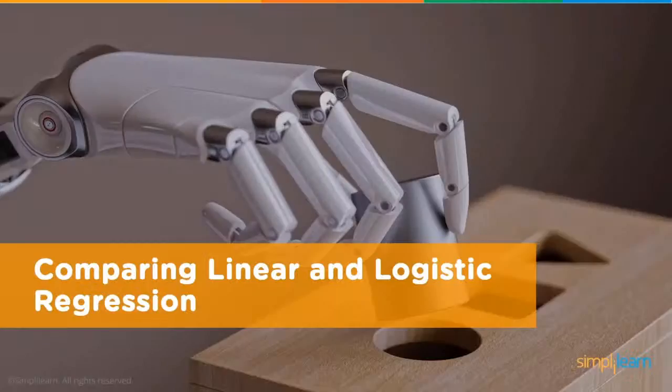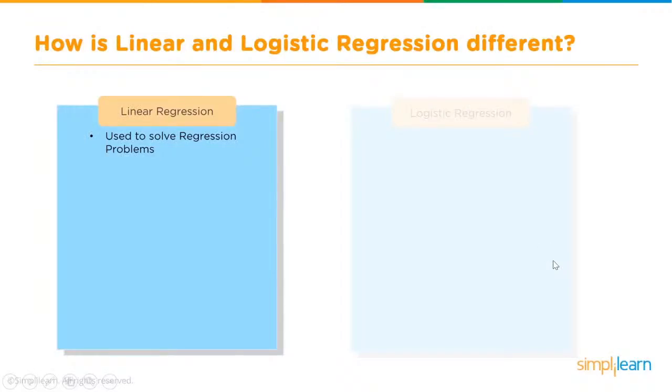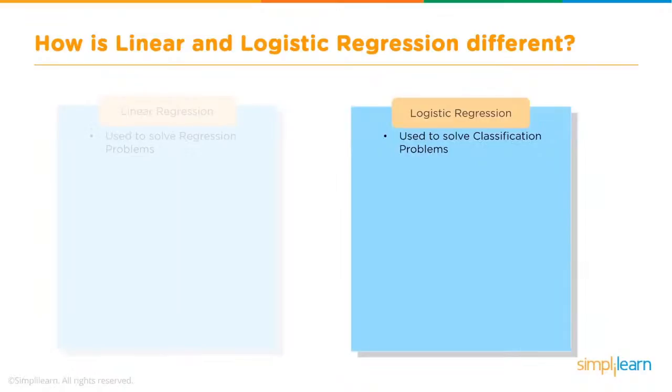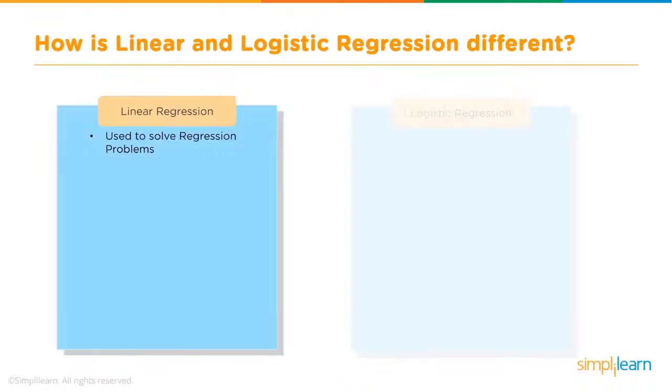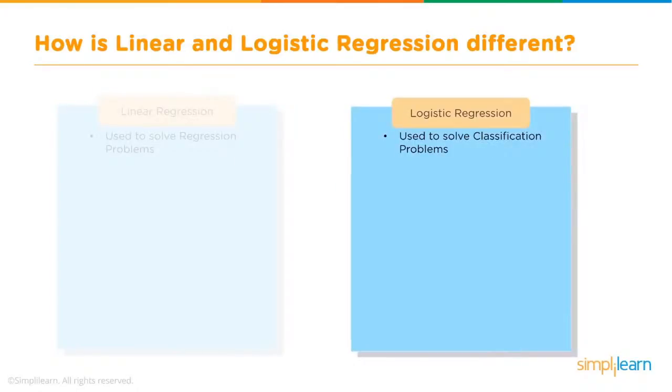So let's compare linear and logistic regression, and how they are different from each other. Linear regression is used to solve regression problems, and logistic regression is used to solve classification problems. So both are called regression, but linear regression is used for solving regression problems where we predict continuous values, whereas logistic regression is used for solving classification problems where we have to predict discrete values.